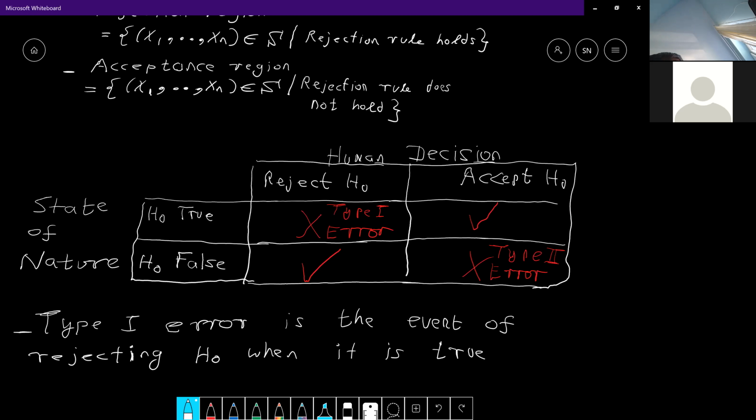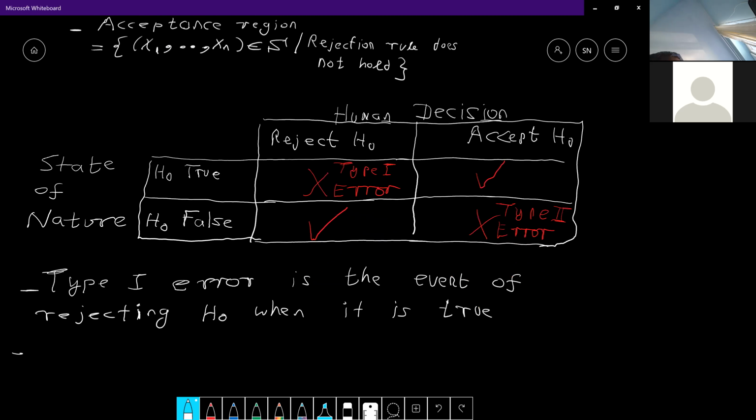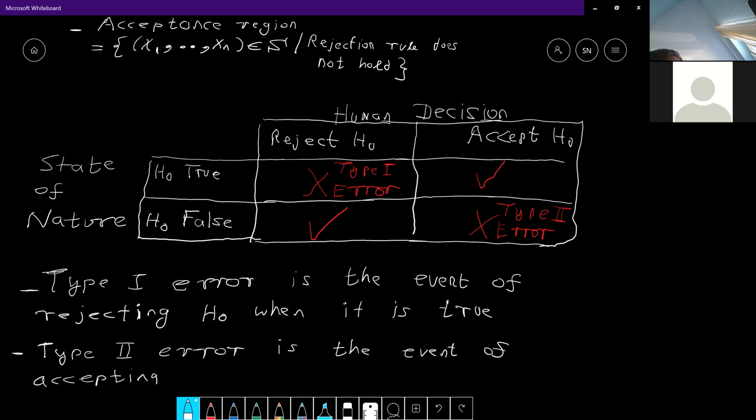And type 2 error is the event of accepting H0 when it is false, right?